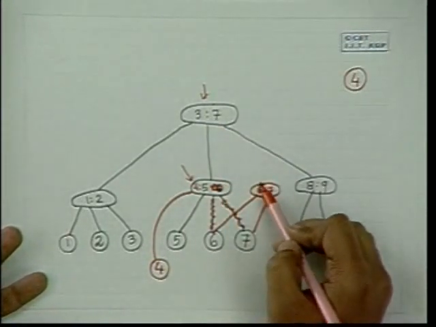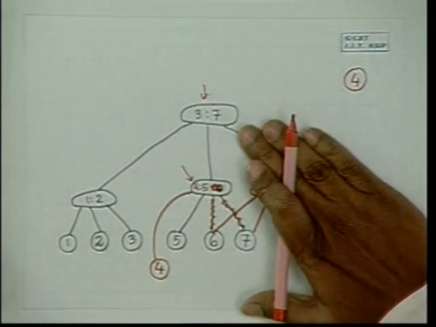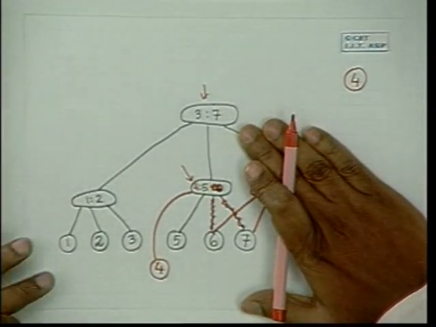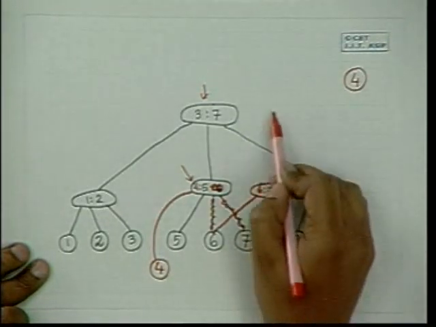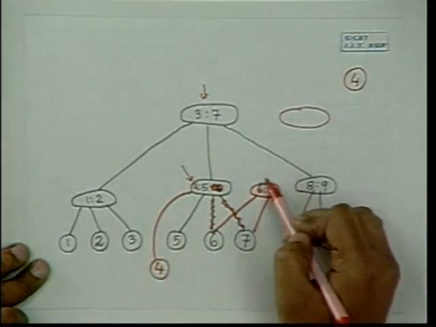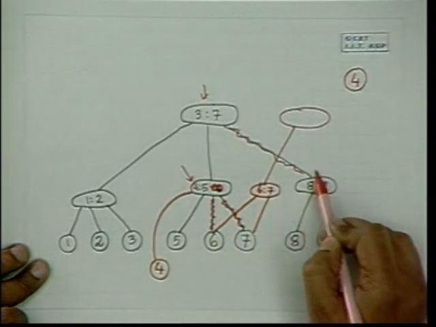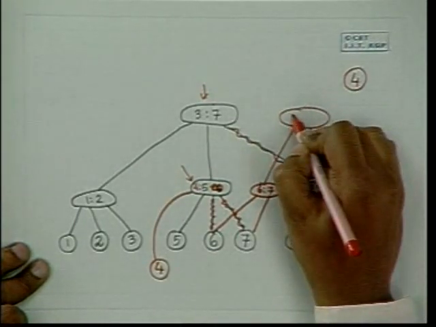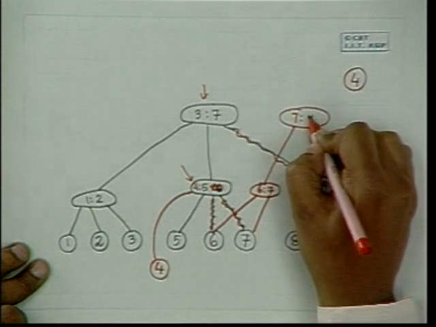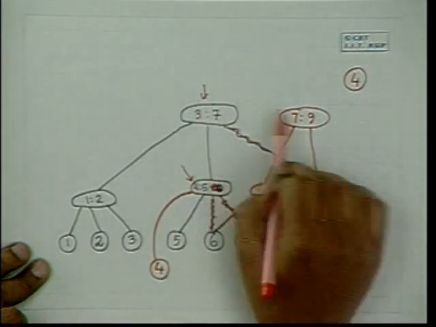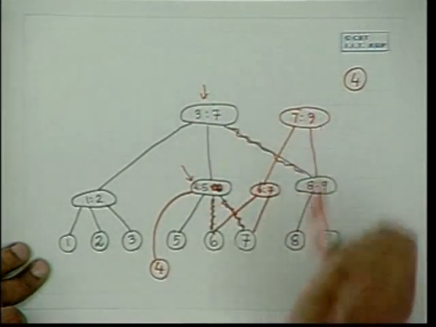Now in the previous case, there were only 2 children like this, so inserting was very simple. But now to insert, you have to again split, create a new node, put this here, this here. This will be 7, 9. Now you have ended up at the root, and now you have got 2 roots, so you have to create a root.